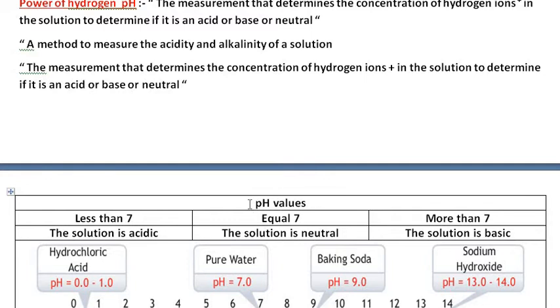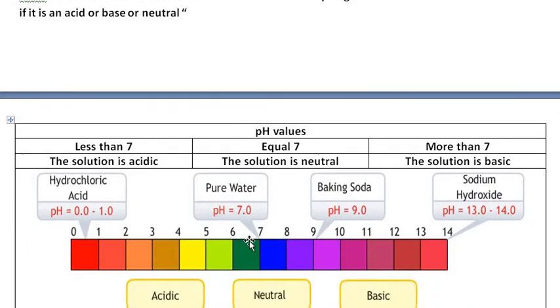The reading of this pH meter may be 7, or less than 7, or greater than 7. If the reading is less than 7, we say that this solution is acidic. If the pH meter reading is exactly equal to 7, we say that this solution is neutral. If the reading is greater than 7, we say that this solution is basic.